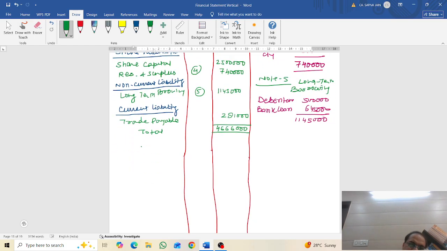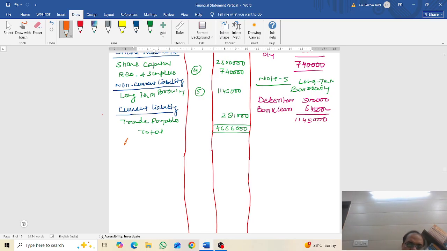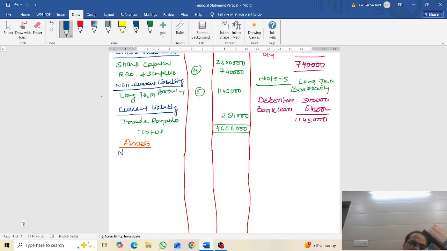Now the asset side. Under the assets, the heading is non-current assets.